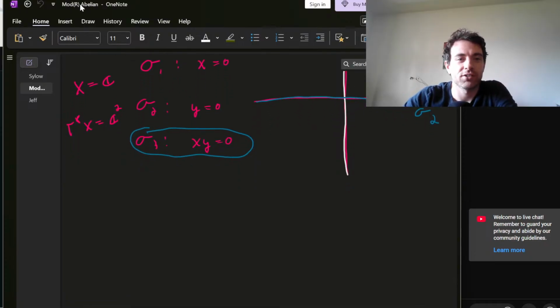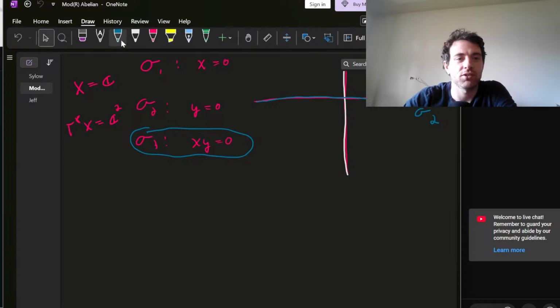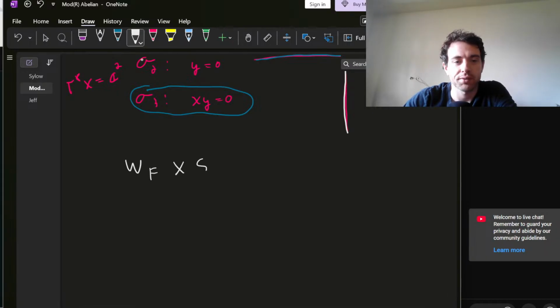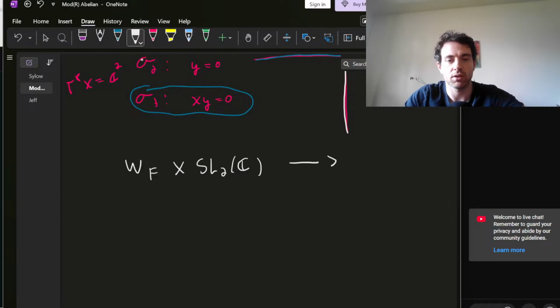Okay, so to go back to some representation theory for a minute. Now we've seen a couple weeks ago, I was talking about Langlands parameters. And one way to view these is as homomorphisms.